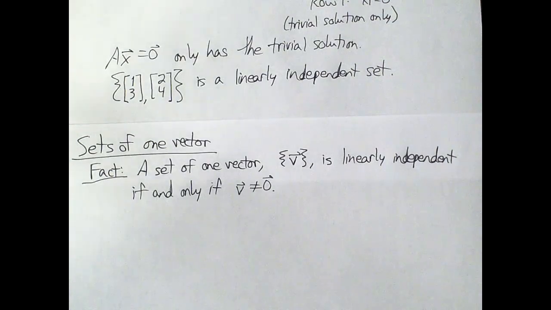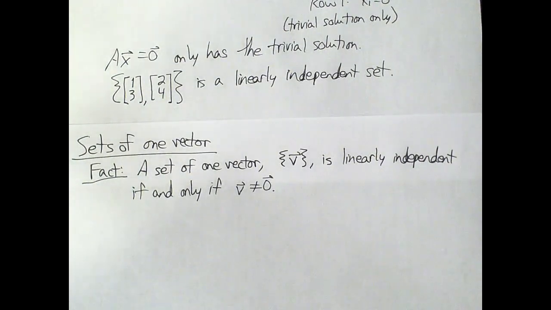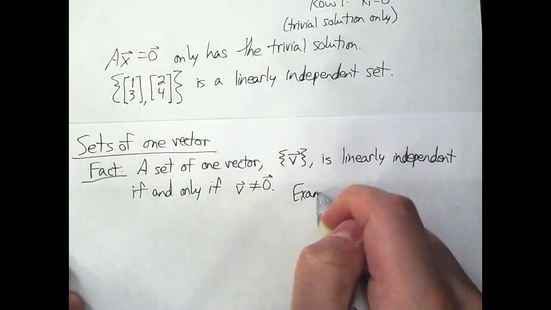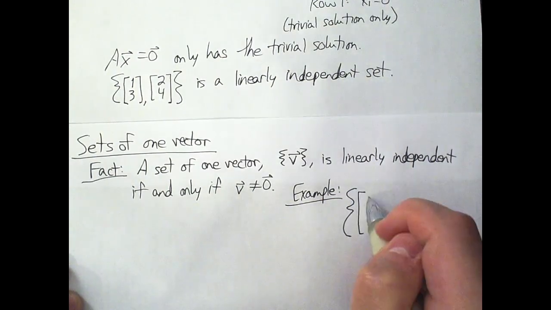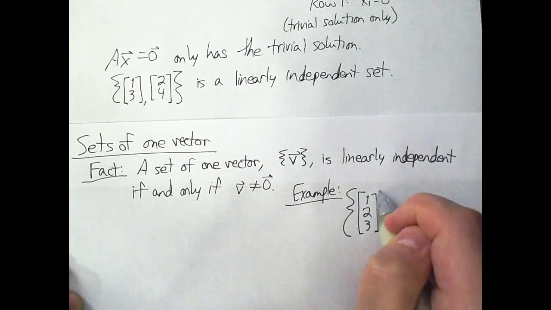All right, so you'd be setting up c1 V and asking yourself, is there a non-trivial weight c1? It works out as long as the vector is not the zero vector. Do we need to show examples of this? You know, example, let's make a set of one vector. 1, 2, 3.